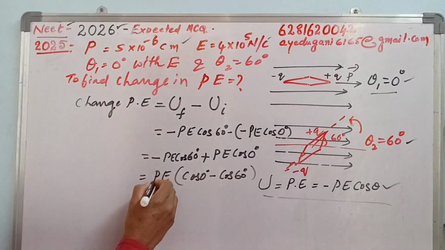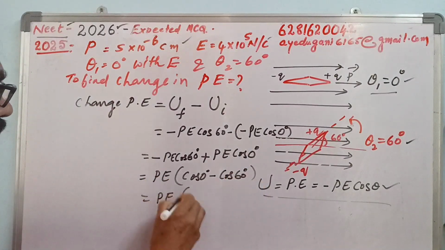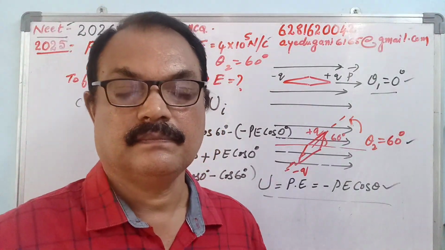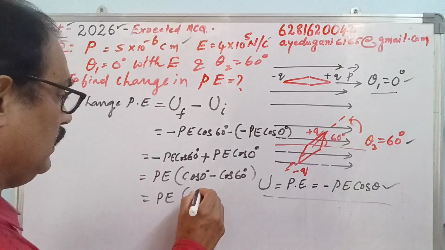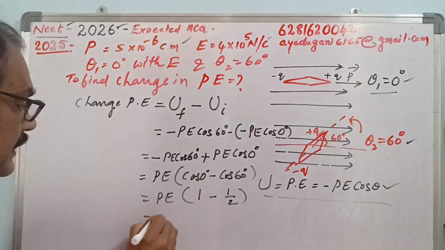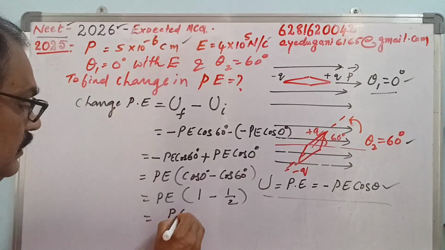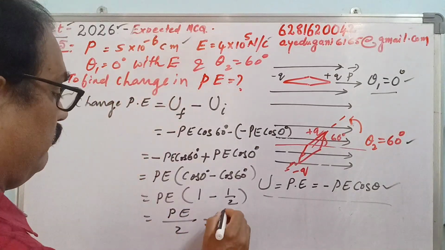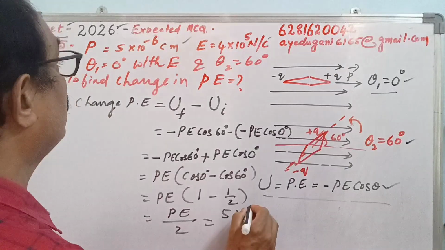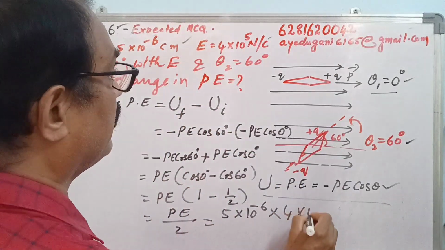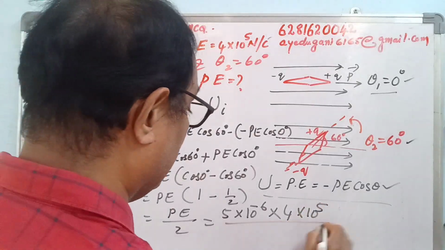So cos 0 is 1, cos 60 is half, so you will get PE by 2. P is 5 into 10 to the power of minus 6, E is 4 into 10 to the power of 5, divided by 2.